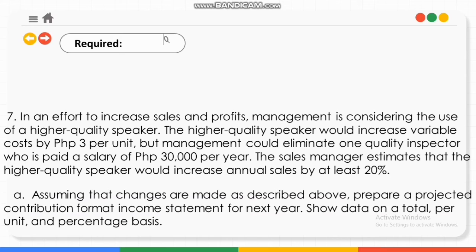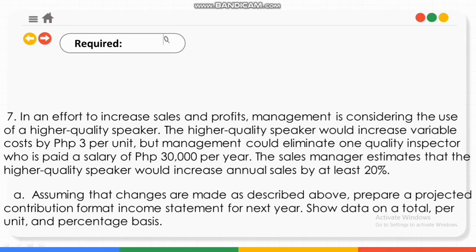So, last is Number 7. In an effort to increase sales and profits, management is considering the use of a higher quality speaker. The higher quality speaker would increase variable cost by 3 pesos per unit, but management could eliminate one quality inspector who is paid a salary of 30,000 per year.